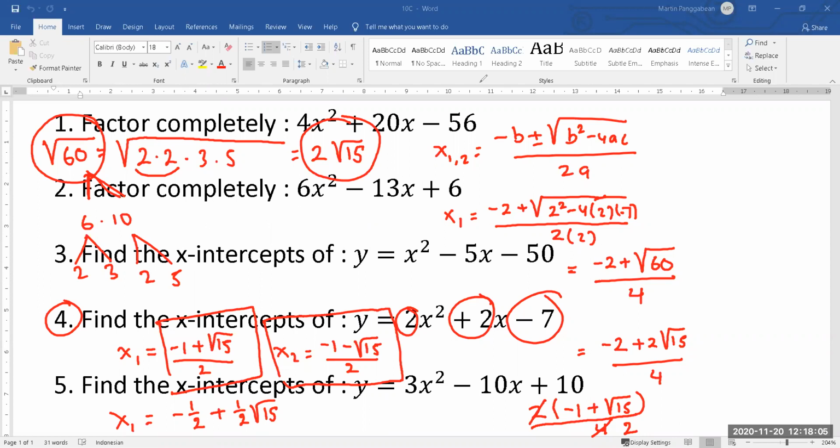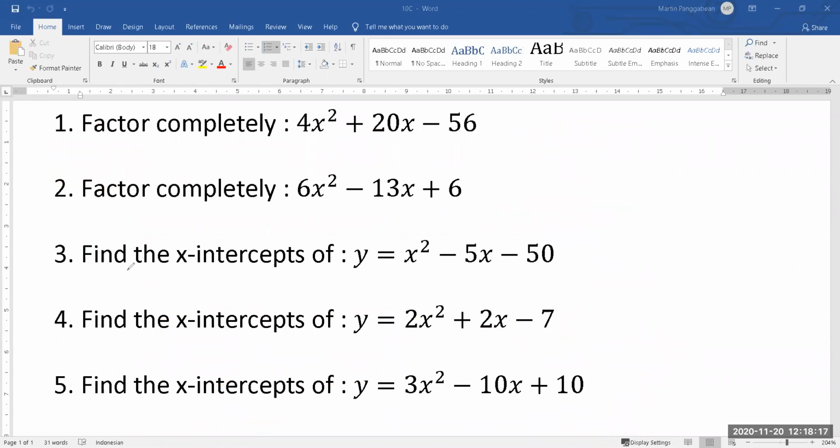Ronan, what is your answer? For number 5? Actually, to be honest, I didn't have the chance to do it, but I know how to do it. Okay, Kathleen.